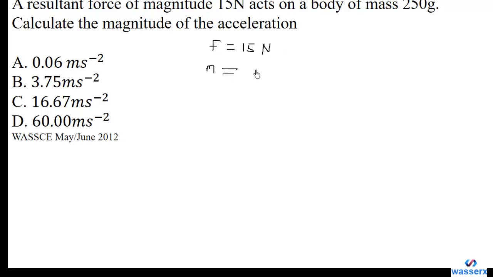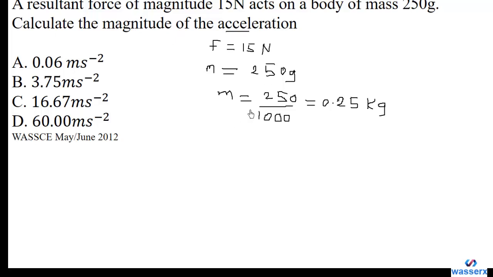Then we also have the mass of the body equal to 250 grams, but we need to convert this 250 grams into kilograms. We obtain that by dividing 250 by 1000, which gives us 0.25 kilograms.